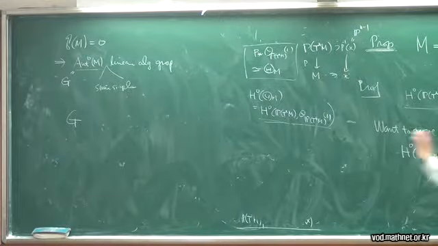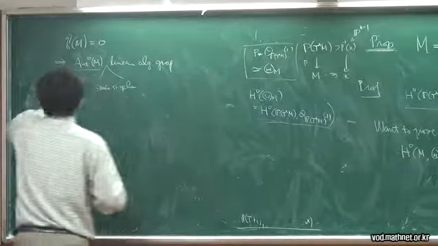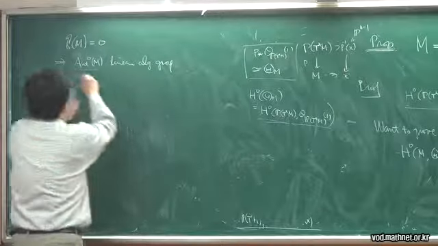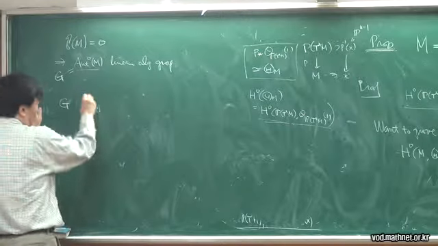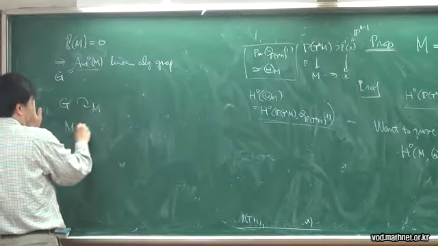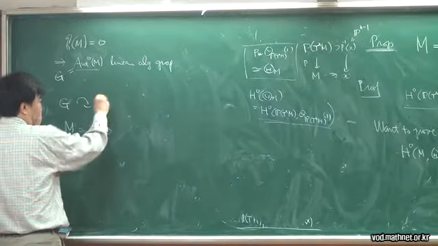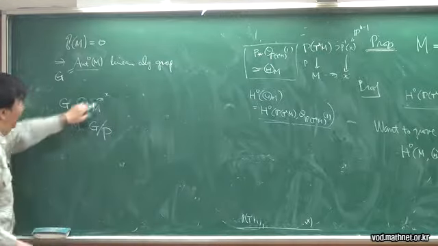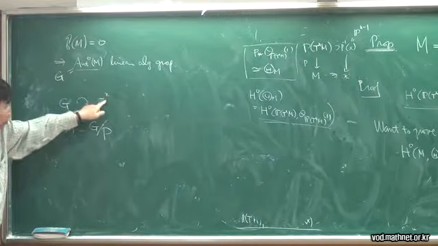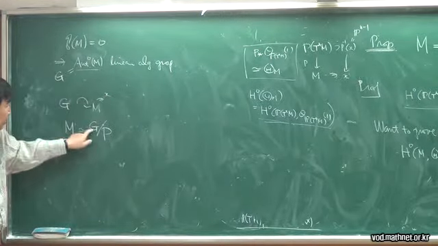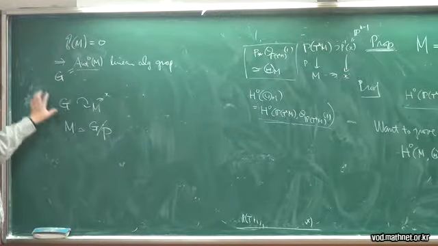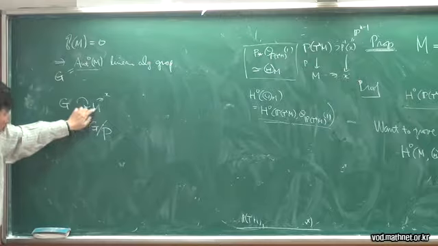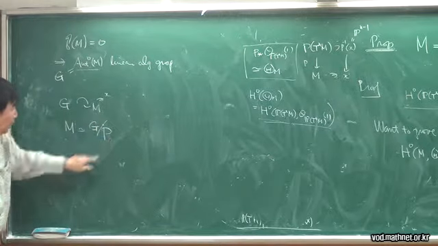So M can be written as G mod P. If you take some point and take the stabilizer group of such a point, then M is isomorphic to G mod P. And M is projective, so compact. This P is parabolic.